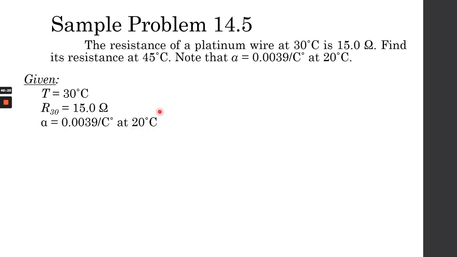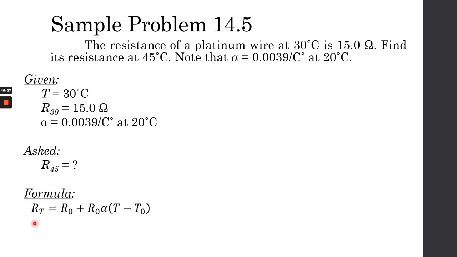So this is important to remember. What it's asking is, what is the resistance at 45 degrees Celsius? We raised the temperature, so what is the new resistance of our platinum wire? The formula, we're going to use this equation right here, one of the equations I showed earlier.